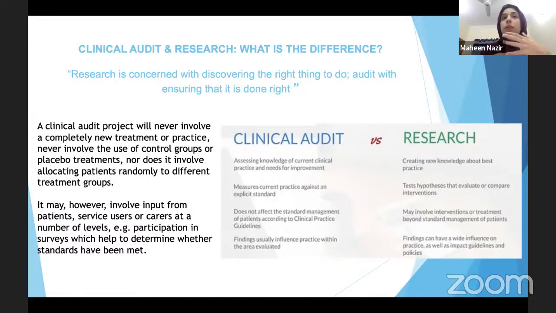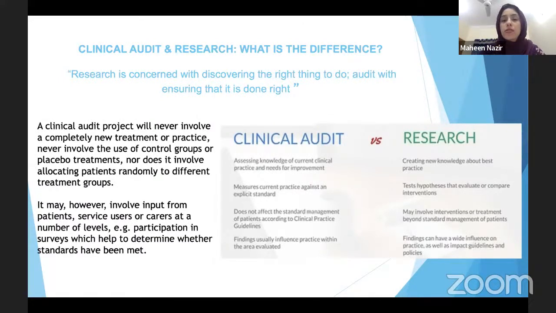And if it is a completely new intervention, a new treatment, or it involves control groups or placebo treatments, and extensive surveys, like depression or anxiety scoring as an example of a survey, that would be more of a research, right?